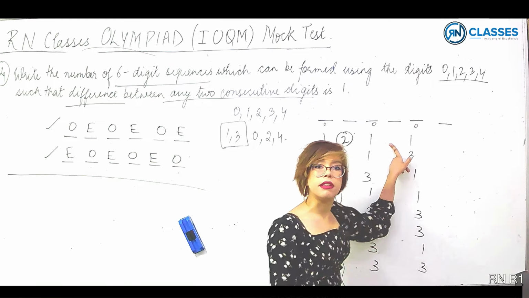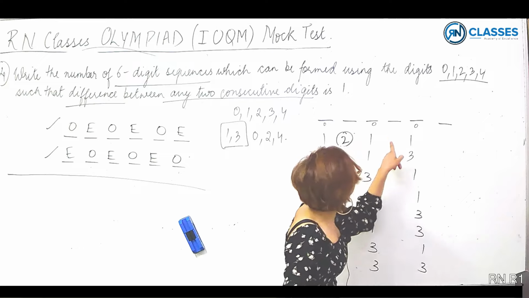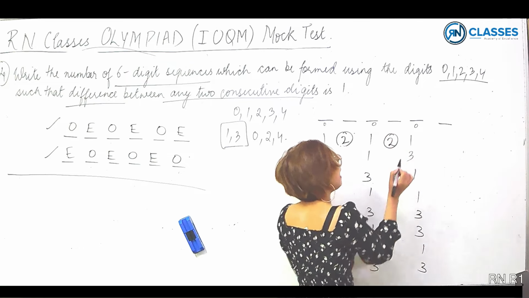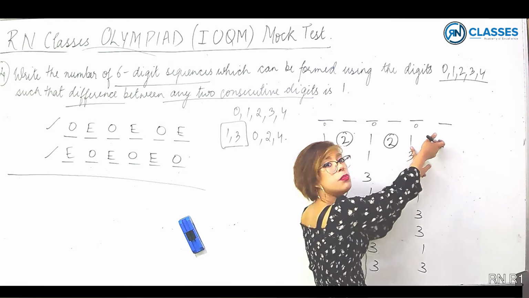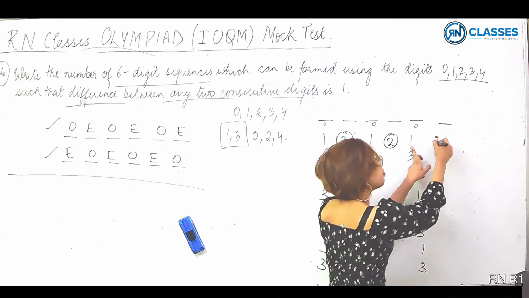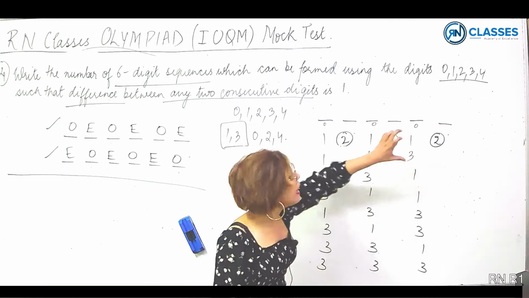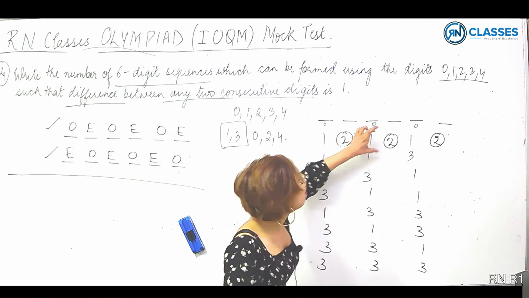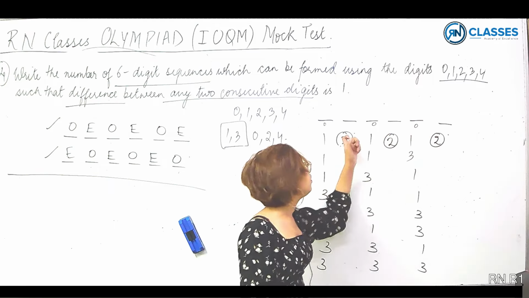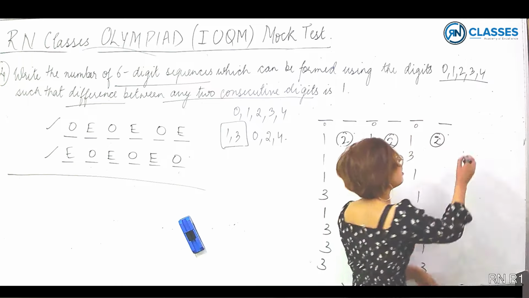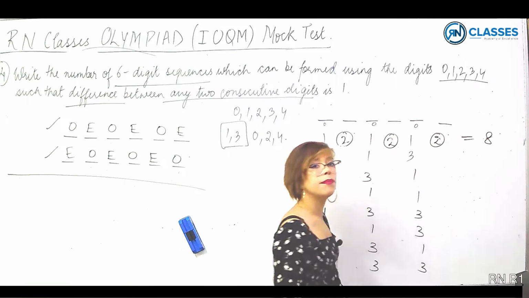Again, I have 2 possibilities. And then again, if 1 is here, I have to put either 0 or 2. Again, 2 possibilities. Now, these are corresponding choices. So, in total, the number of sequences will be 2 into 2 into 2, which is 8.